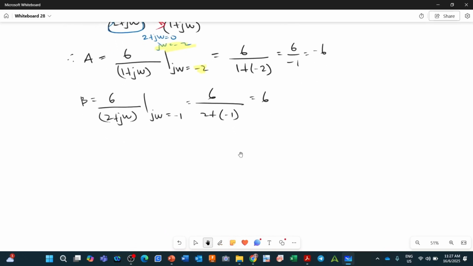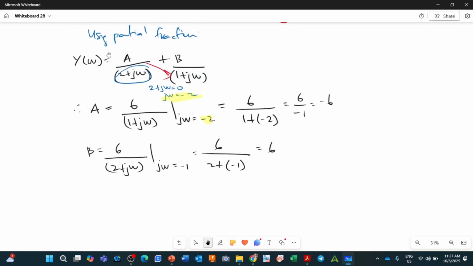Okay, so then what do we do? Now we are going to substitute A and B into Y(omega). So you get A equal to minus 6, so you have minus 6 over 2 plus j omega plus 6 over 1 plus j omega. I would normally put a bracket like this so that you don't get confused.